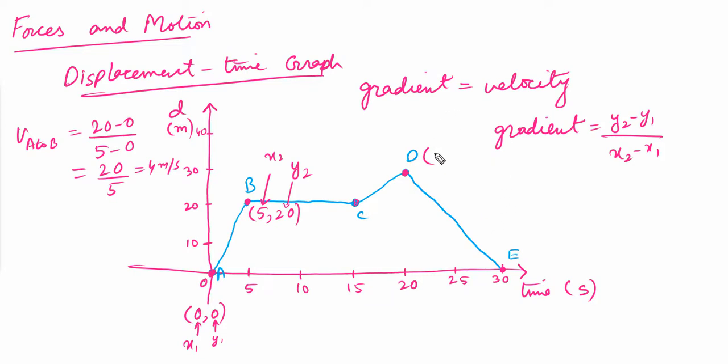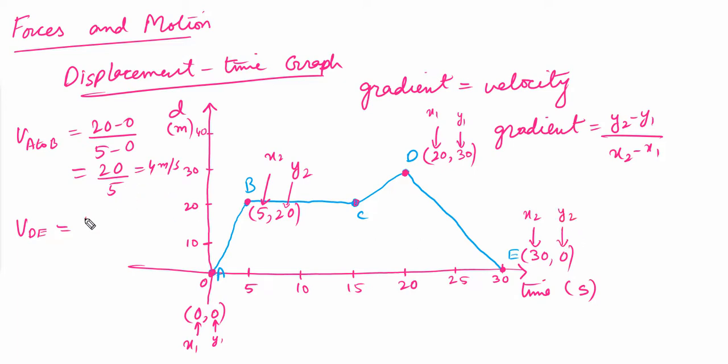So over here I'll write it as 20, 30, and the coordinates of E are 30, 0. So the velocity from D to E, I'll just write it as DE. So this will be my x1, this will be my y1, this will be my x2, and this will be my y2.